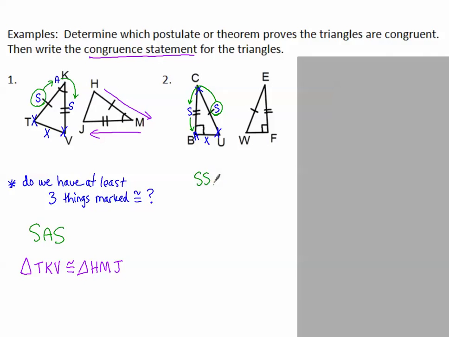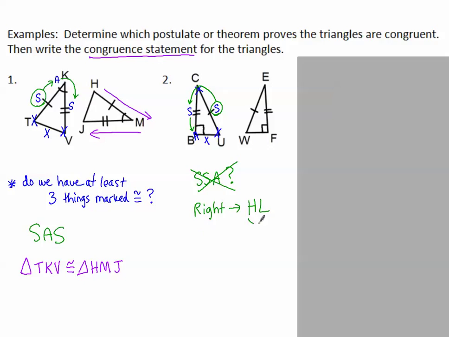So is it SSA? Well, we can't use that. That's the bad word backwards. But SSA is right when it's a right angle. If I have a right angle, that means I'm going to use HL if I see the SSA. I have the hypotenuse marked congruent with the hypotenuse and a leg marked congruent to a leg.